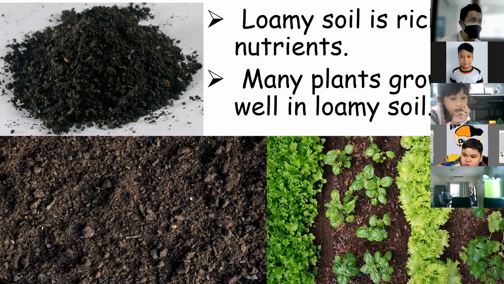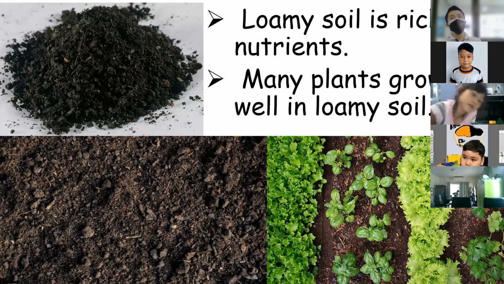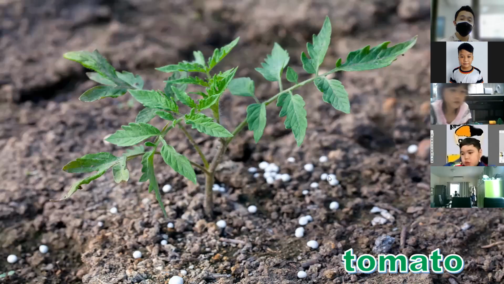So if you are going to plant vegetables and fruits, you have to consider the nutrients of the plants you're planning to grow. You have to consider the amount of soil. And remember, loamy soil is good for planting. We have an example, we have tomato.